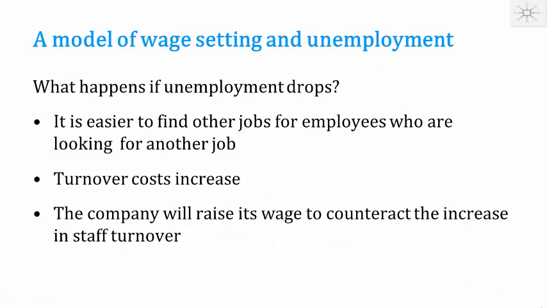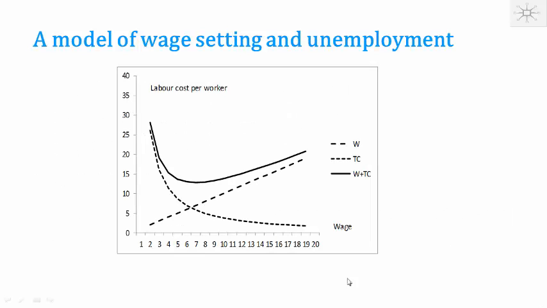What happens then if unemployment drops? Well, that makes it easier for workers to find other jobs. So if I'm employed, I'm not so happy with my wage and I look for other jobs. Of course, if there's low unemployment, it's easier for me to find another job. And that means that turnover costs increase. In terms of the graph, this curve that shows the turnover cost will shift up.